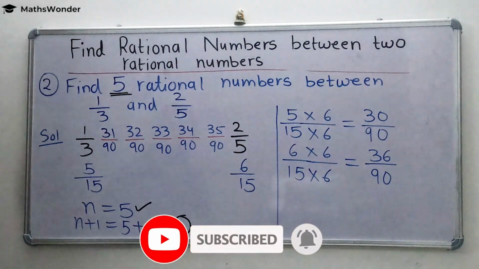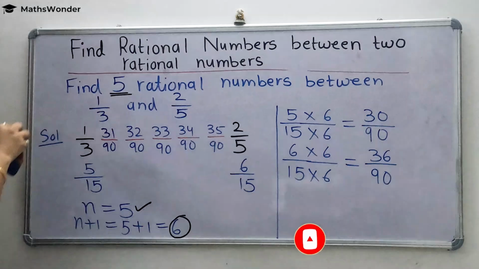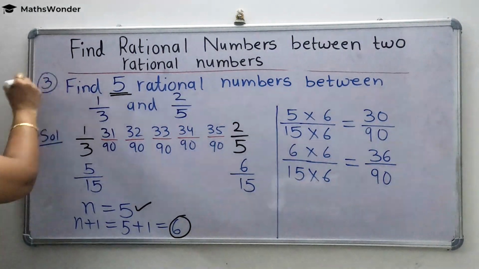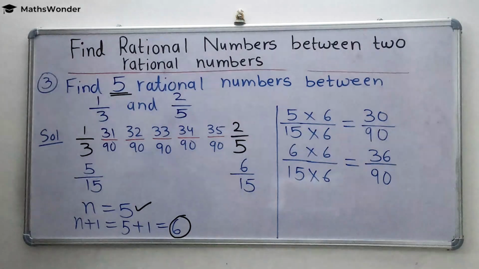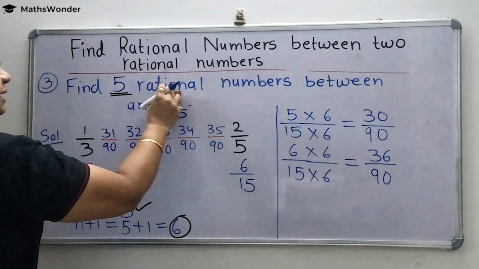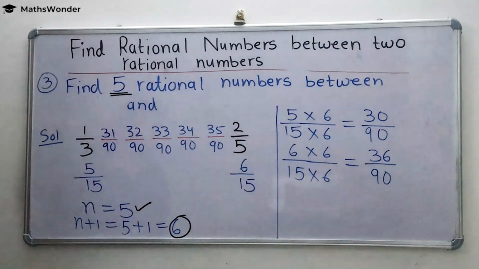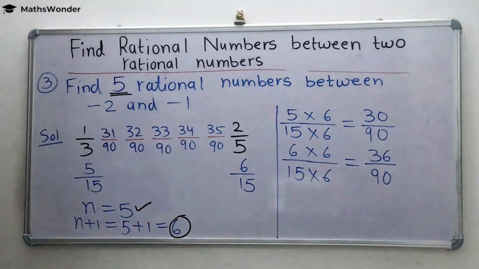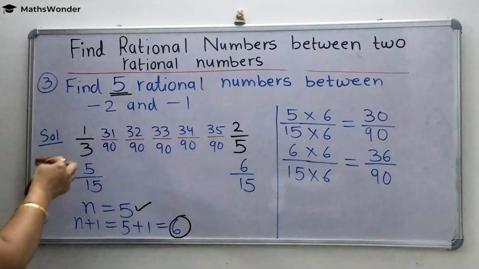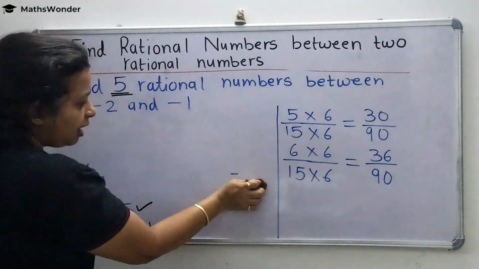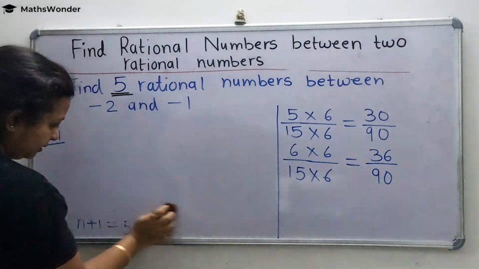No. Now the third example; we will do all types of examples in the class. Third, again you will find 5 rational numbers between -2 and -1. Now the numbers are -2 and -1. Then how will you find it? Do we have any denominator here?